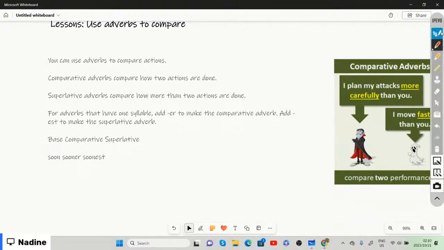Another example is where our base word is fast. So we can say that someone moves fast.